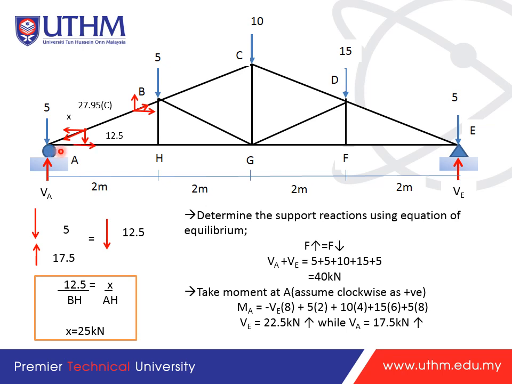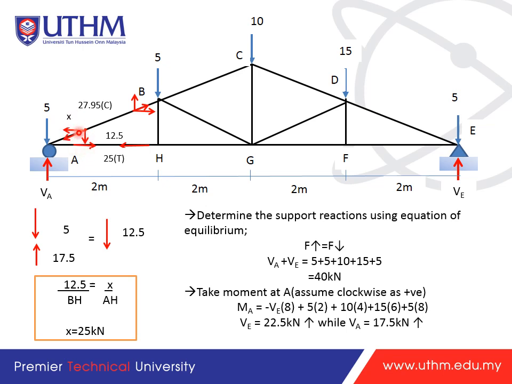Okay, so how about the next one? So this one we can solve. Why? First, we know that x is 25. We don't have any external forces in x direction, so we only have this one. So you will get this one 25, because x we got 25.